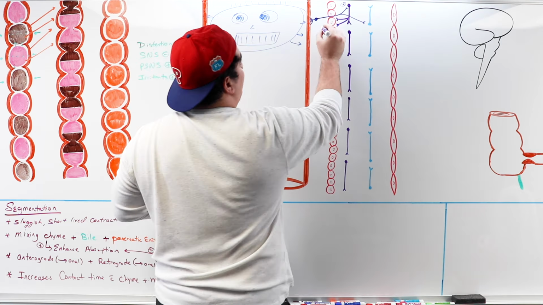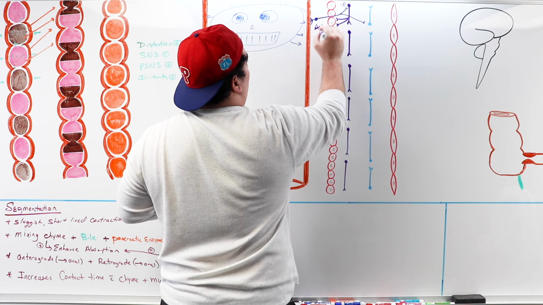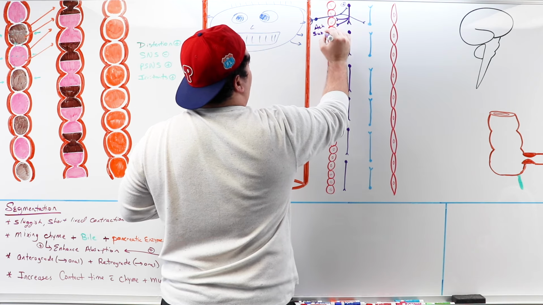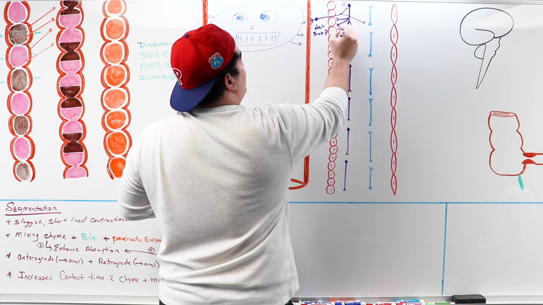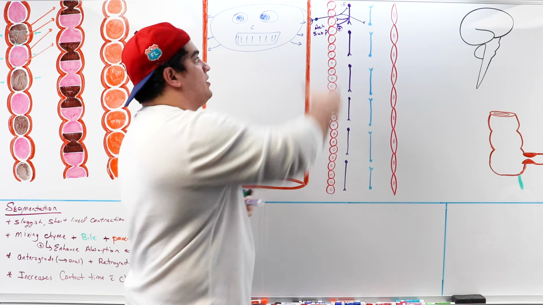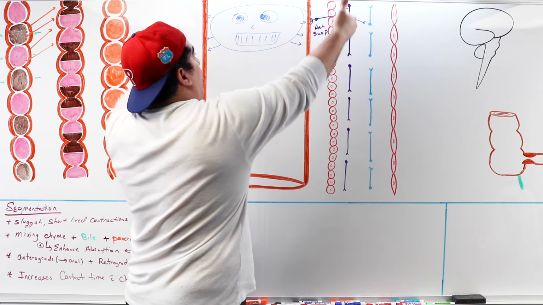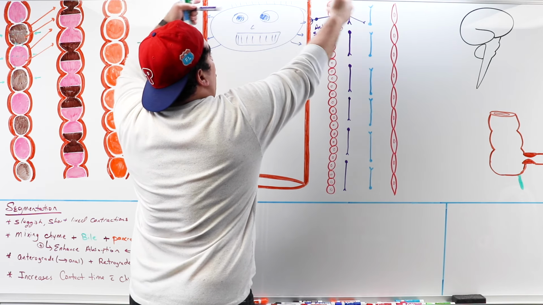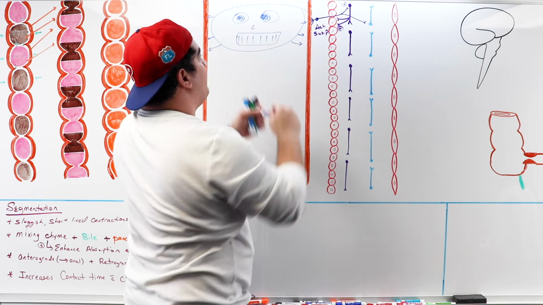How does it do that? It releases chemicals like acetylcholine and substance P, right? That stimulates this circular smooth muscle layer to cause a constriction ring around that bolus on the oral side, okay?